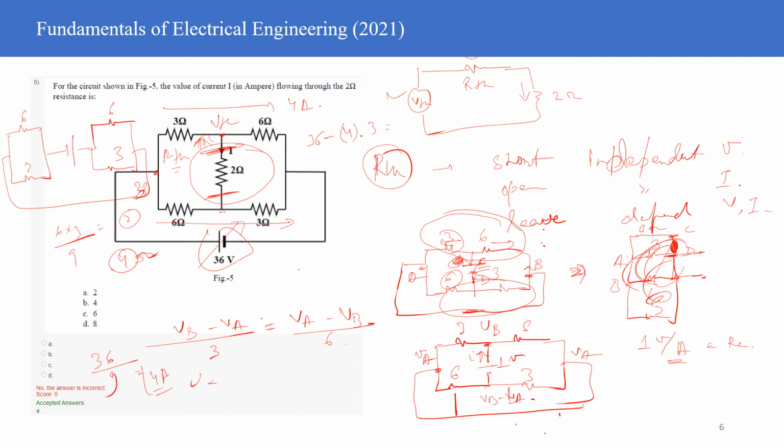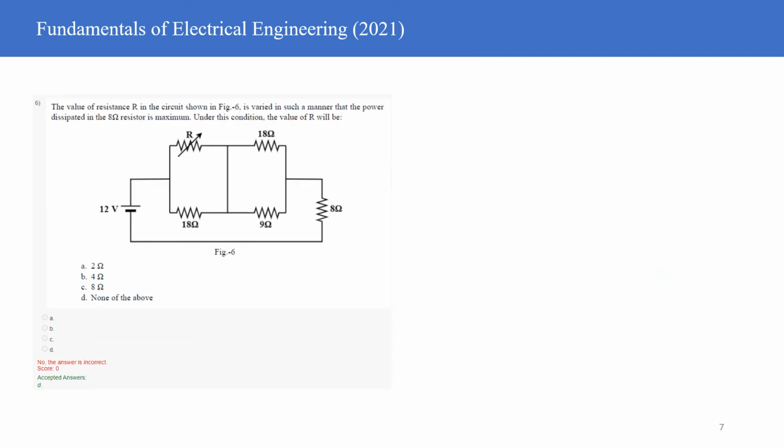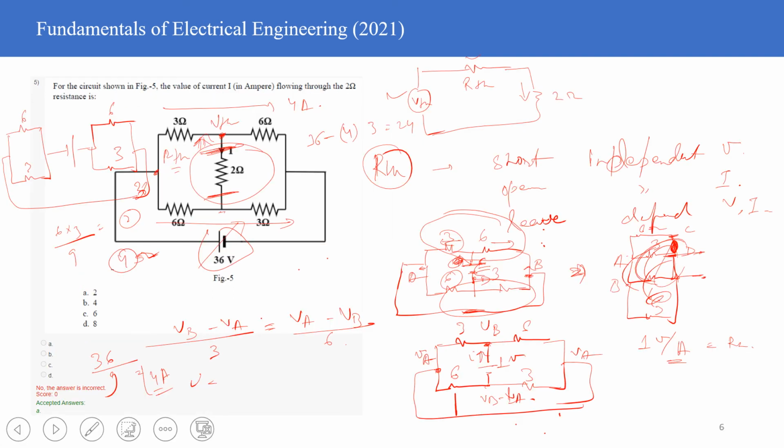So 36 minus 12 is 24, right? So this point is 24 volts, and 36 minus 6 into what was the current here? 4 amperes, right?